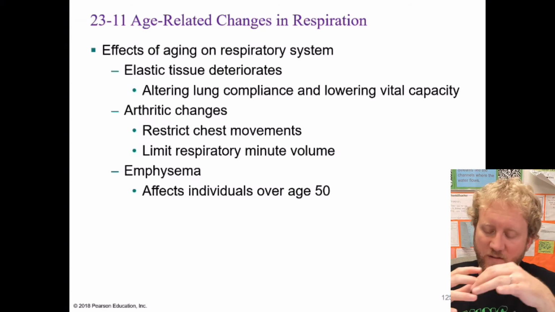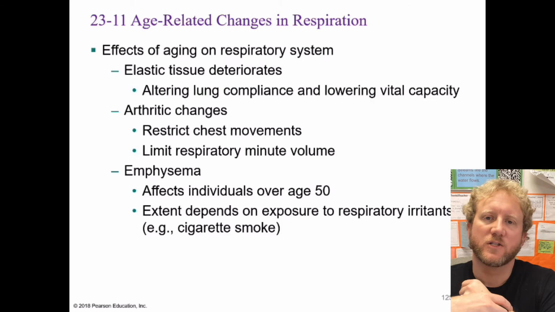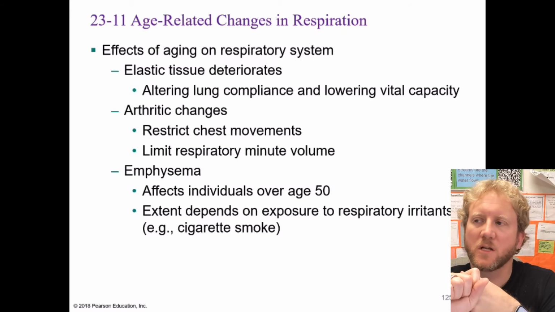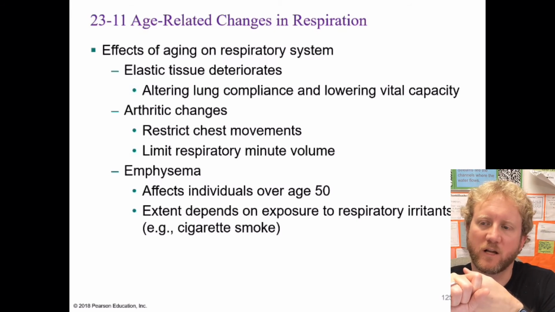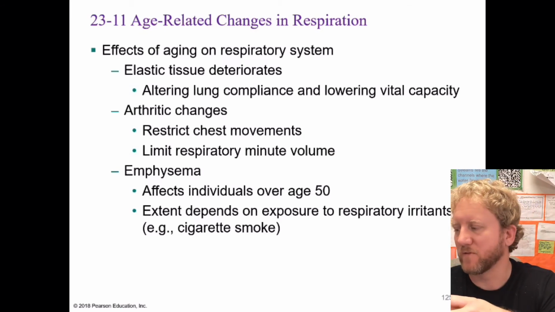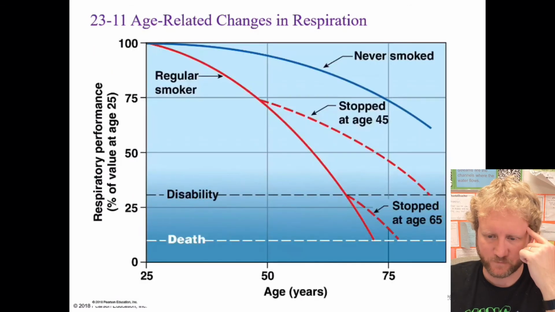The extent of the emphysema depends on your exposure to respiratory irritants. So, for example, if you're a chronic smoker, you're going to develop emphysema sooner, and it's going to be worse. If you're in places with a lot of air pollutants, you're also at risk of developing emphysema because of those respiratory irritants.